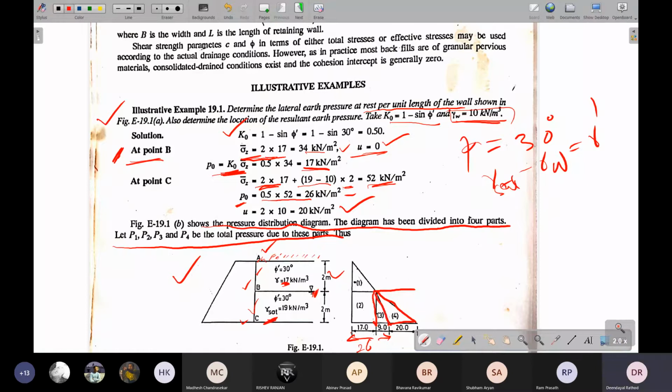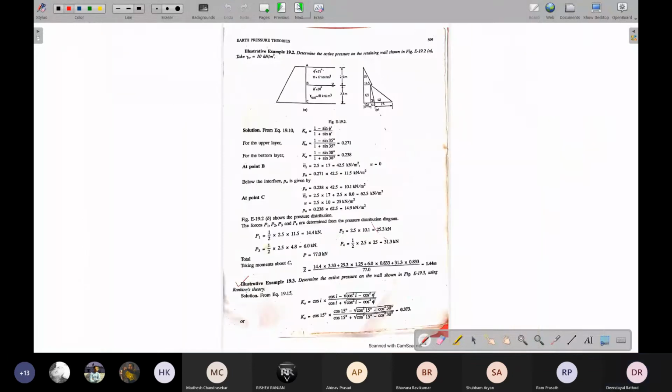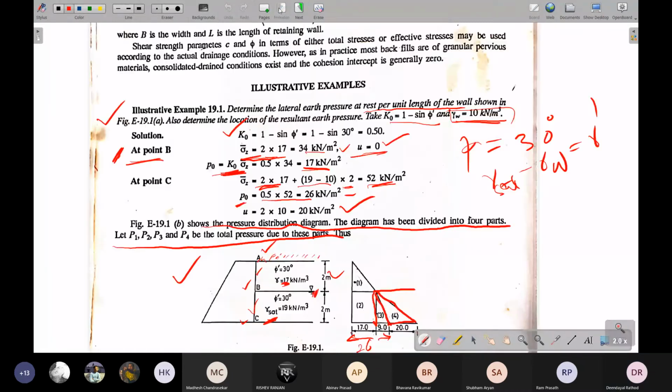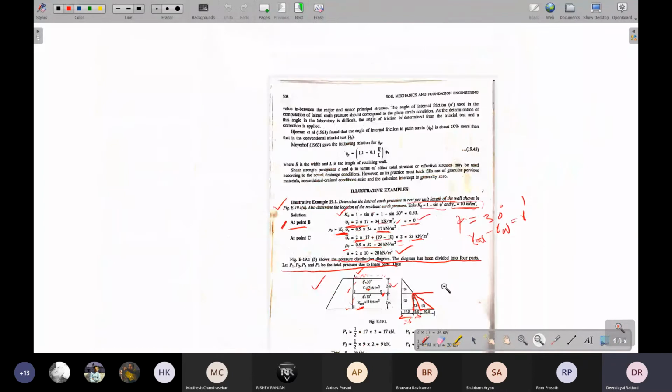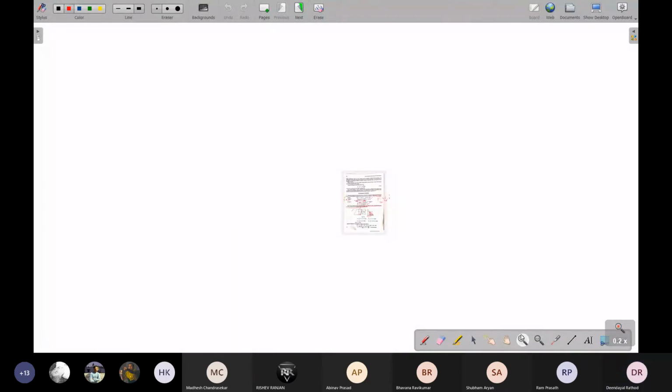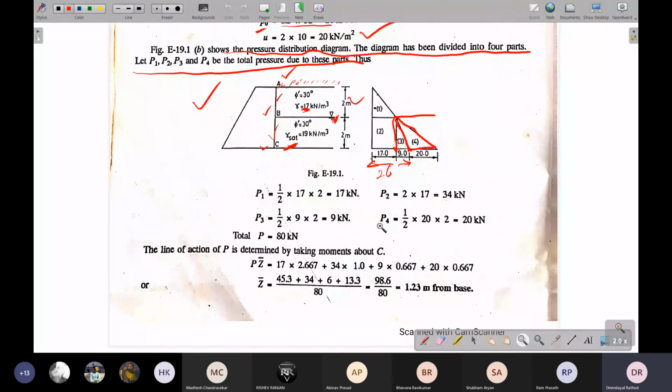That's all. Very, very simple. That's how we can get the force also. Now we are getting the unlimited pressure. Here, if you see, we can find out the force also.